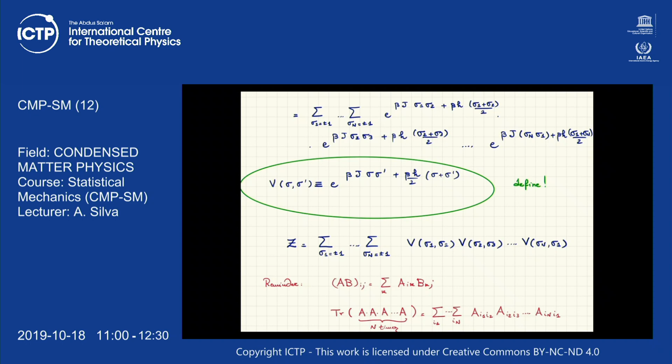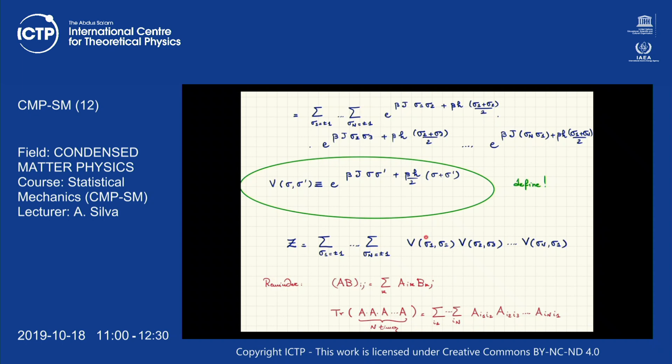Okay? So this is the trace of this matrix to the power n. Where do you see that it's a trace? Because the first and the last indices are equal, and I'm summing over the first and last index. Okay? Clear? So now let's look at the expression that I have here.